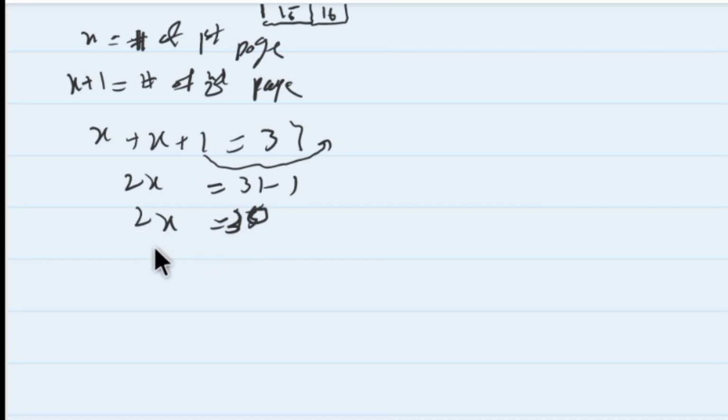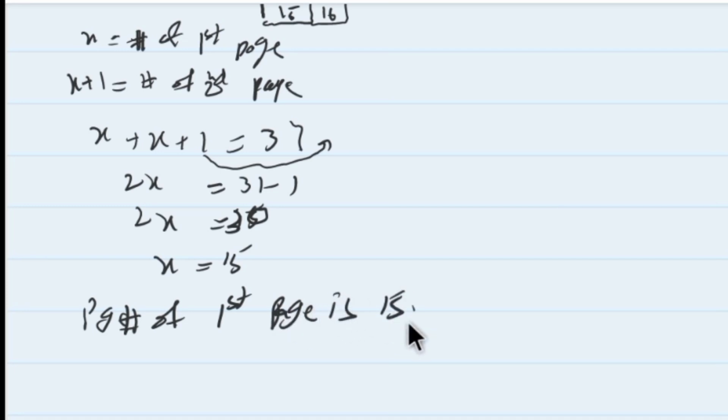When we divide both sides by 2, we get x is equal to 18. So the page number of the first page is 18, and the second page would be 19.